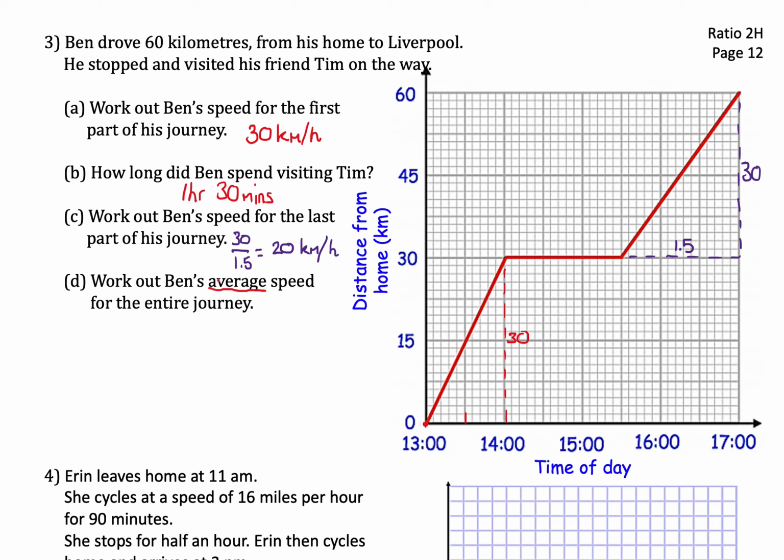So this is why average speed is very useful to be able to work out. And to work out average speed is very simple. You just take the overall distance travelled and you divide by the overall time. So I'll just write that down. So it's total distance divided by total time.